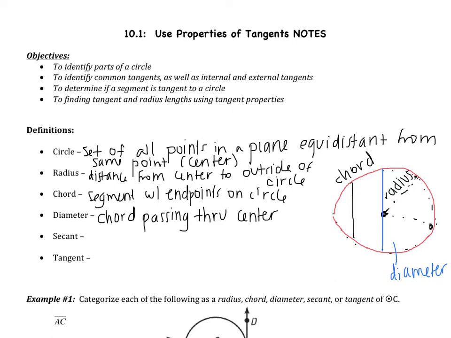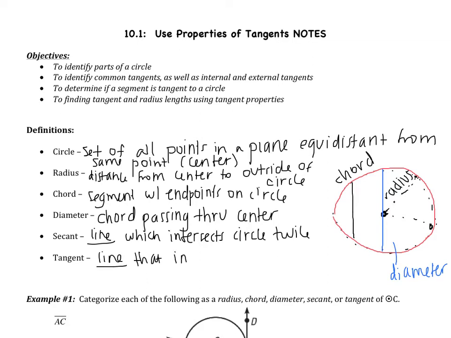The secant and the tangent are going to be the ones that are different. So a secant is a line which intersects the circle twice in 2 places, whereas a tangent is a line that intersects the circle once.